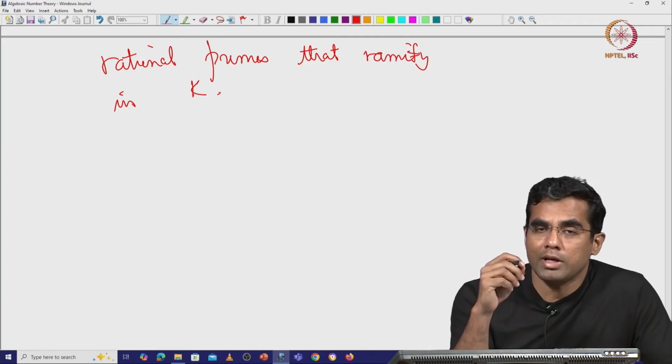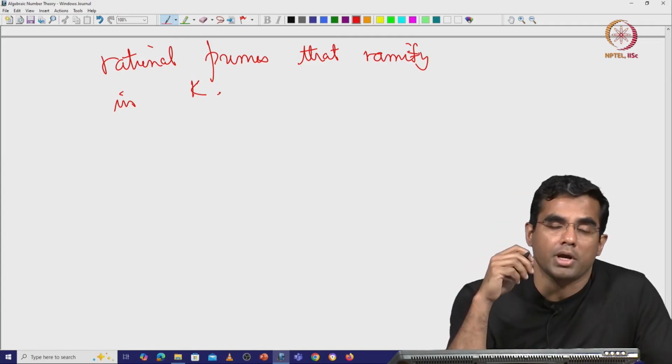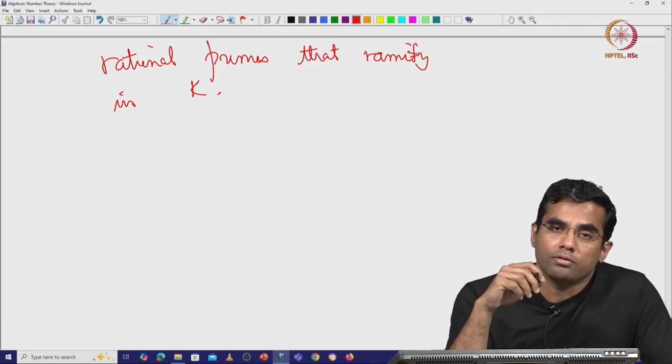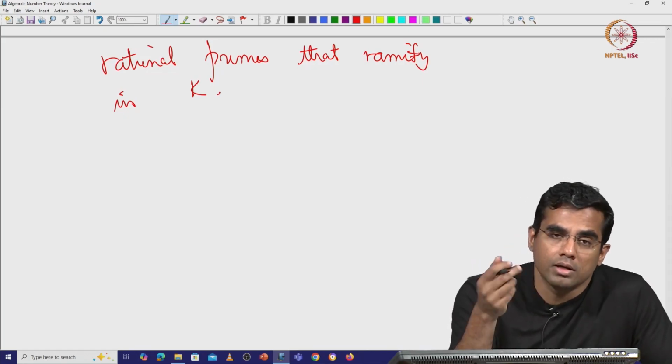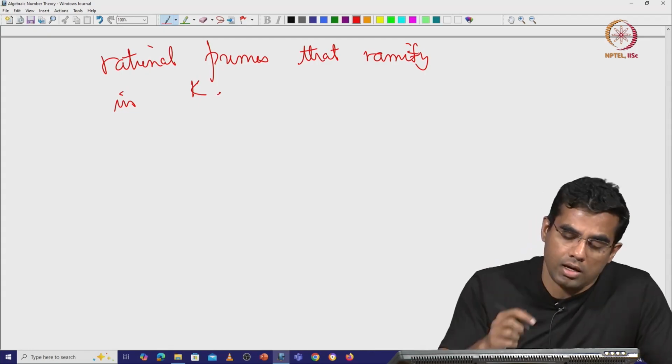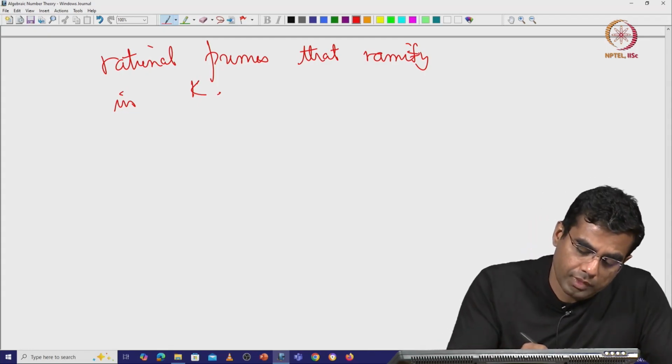Over every ramified prime there is exactly one prime in K, and whether or not you choose that prime when you form the ideal A tells you that there are 2 to the t possible classes.